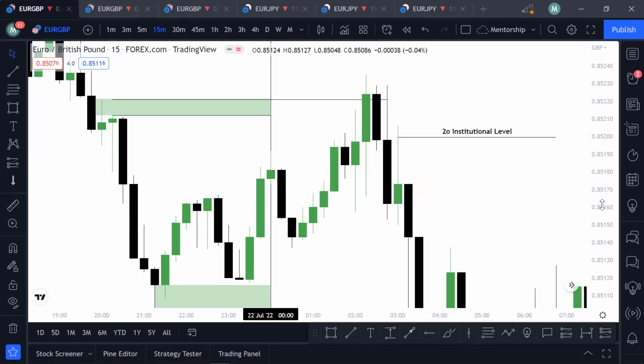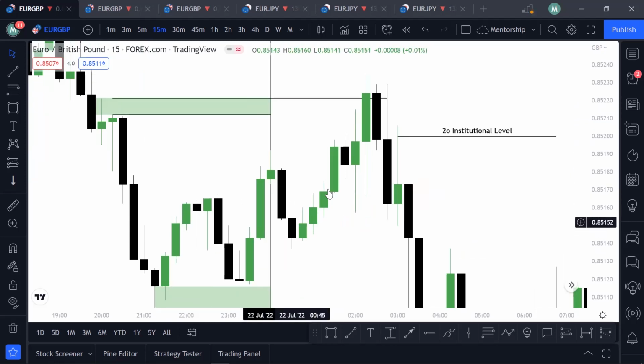I am looking at price buying. This is a 15 minutes chart. Do you see this institutional level here? After midnight, price rallies above this level, above the institutional level.